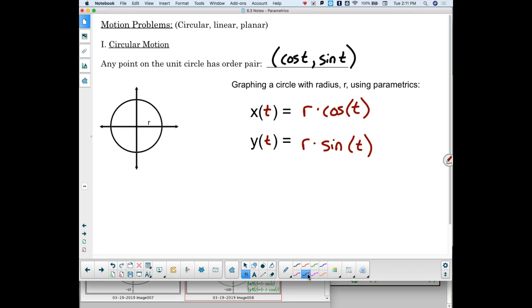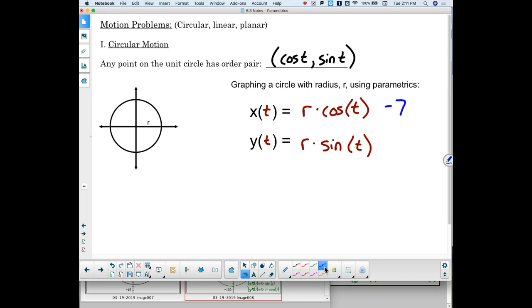No. It's actually pretty simple. If I wanted to shift it 7 units to the right, I'm just going to add 7, because right is positive. Plus 7. And now my center is at 7, 0.